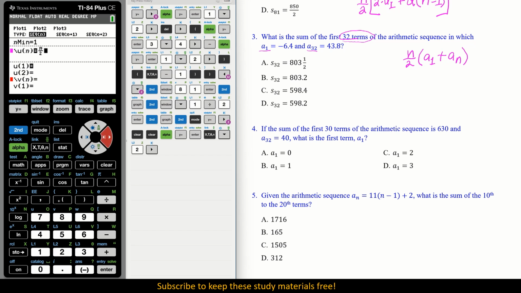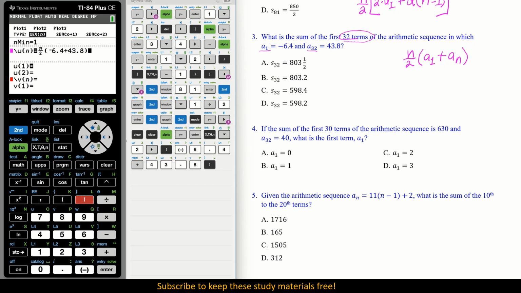Now let's go over, open parentheses, and we need a sub 1, which is negative 6.4, and then plus a sub n, which is our a sub 32, which is 43.8. Close that parentheses. Okay. Now notice I put in n instead of the 32 because we're going to use our window.